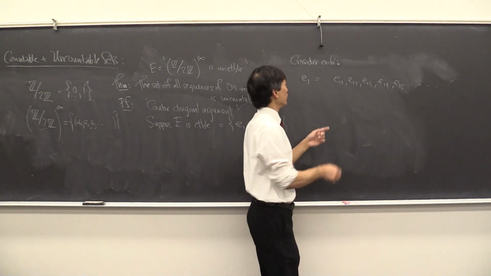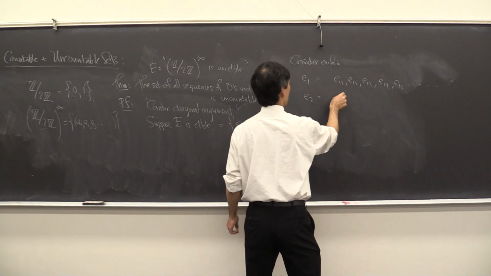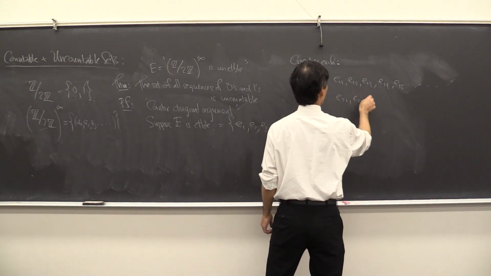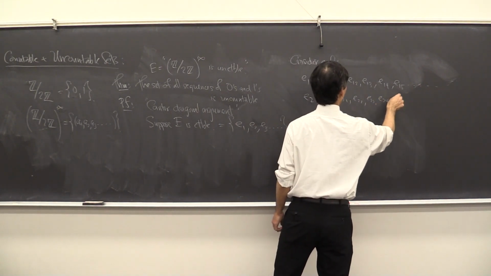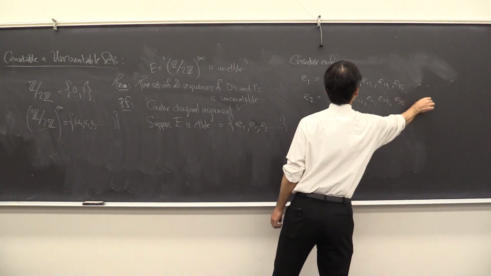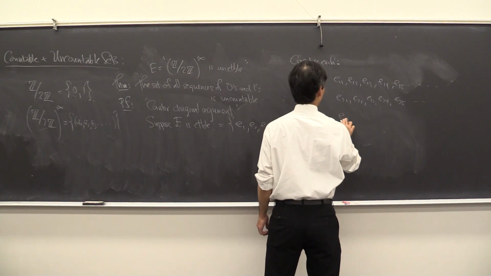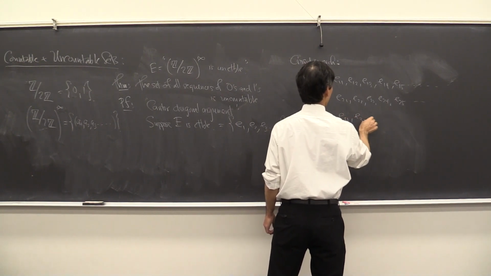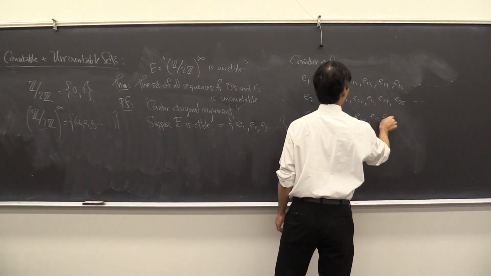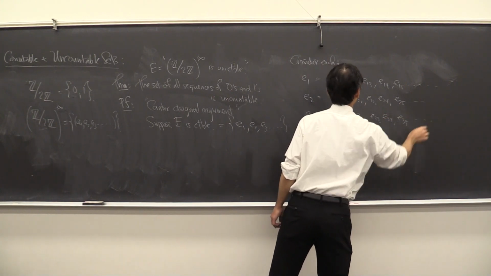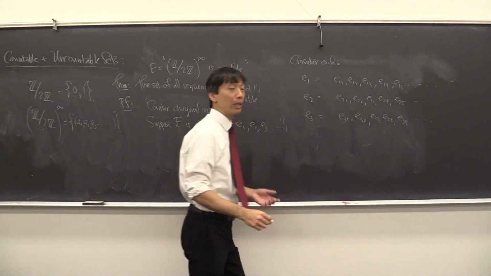Here's the first one. E2 is E21, E22, E23, E24, E25, etc. E3 is E31, E32, E33, E34, E35, etc., and so on and so forth. Okay? So you write everything down.